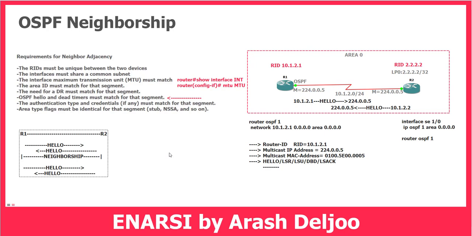Actually we are sending hellos for ensuring the aliveness and also the correct parameters related to the neighborship. For example, R2 is not using an equal router ID with R1, we don't have a mismatch in the MTU, we don't have a mismatch in the subnet address or some other things. Because of that we are sending hello after the neighborship.